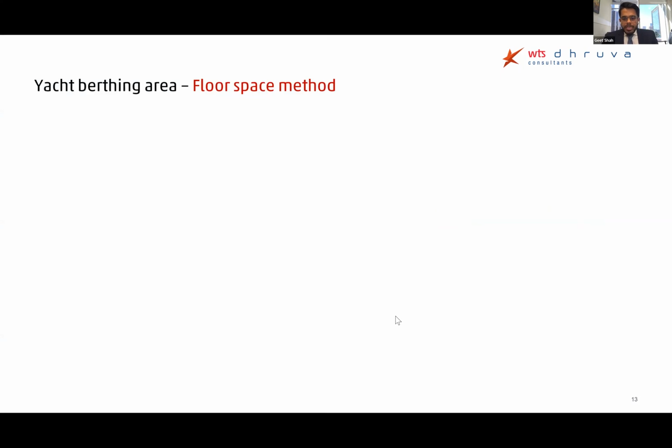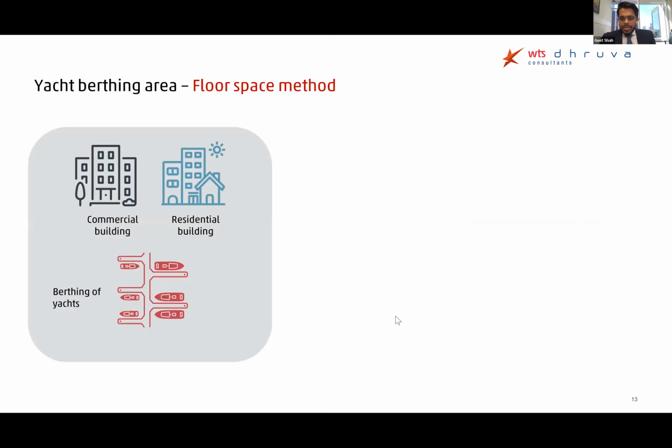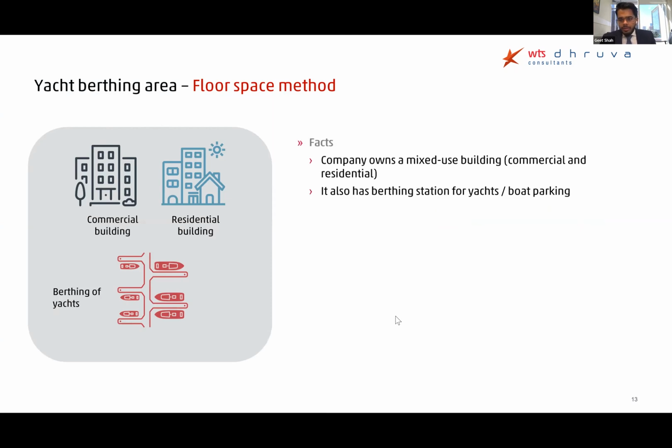So the first case study that we want to bring in is the yacht berthing area. There is a company which has a mixed use development. There is one commercial building and there is a residential building, and it also owns a yacht berthing area where yachts can be parked. Now, when we do an input VAT apportionment calculation, the question was whether these berthing areas, including the territorial water where the yachts are parked, can be included in the floor space calculation.